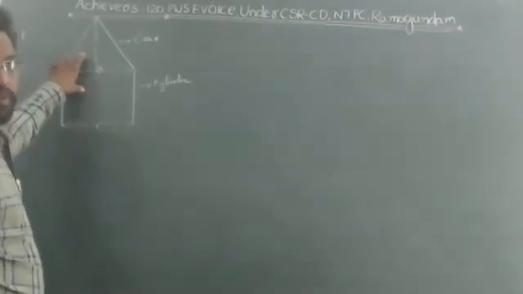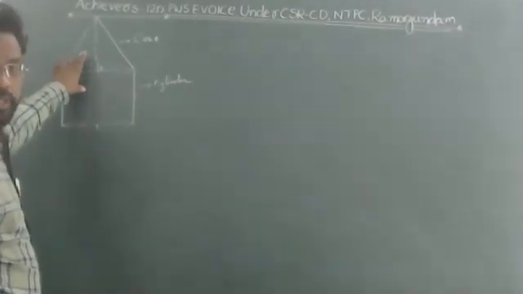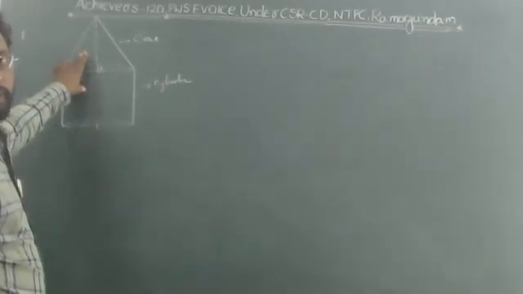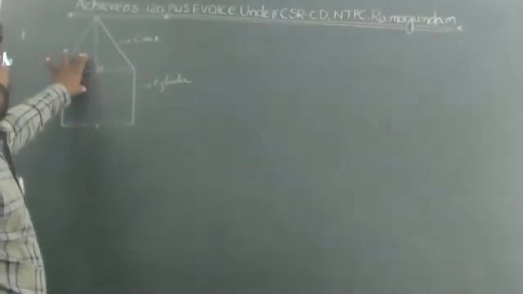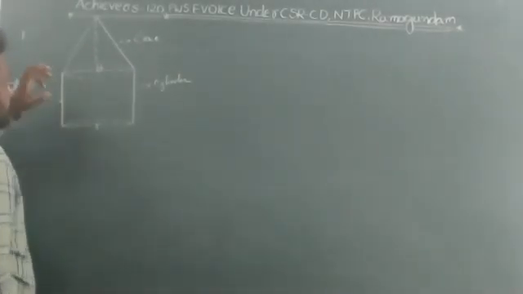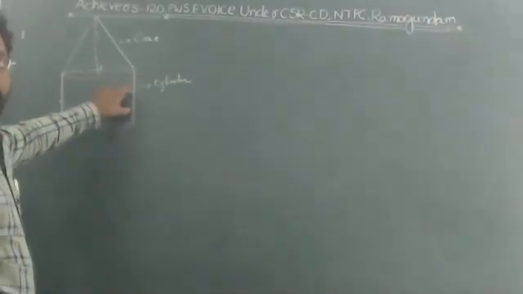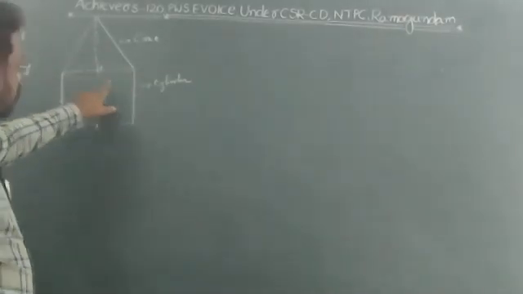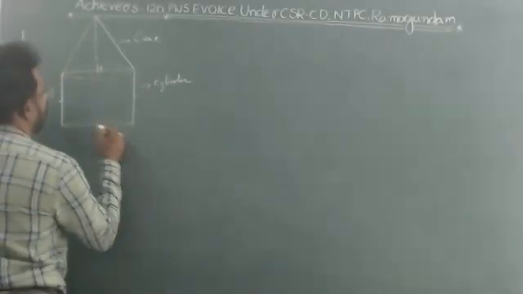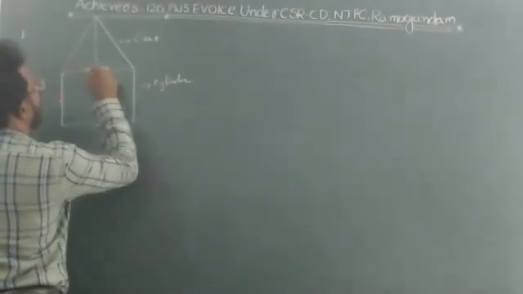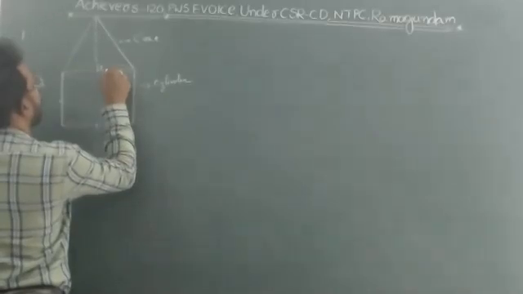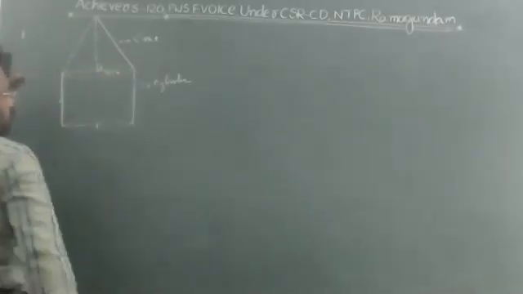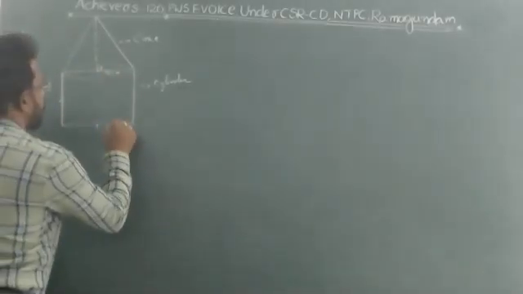The cylinder diameter and the cone diameter will be absolutely equal. Maybe the height you can change. Let us take the diameter as 14 centimeters. This is also 14 centimeters.